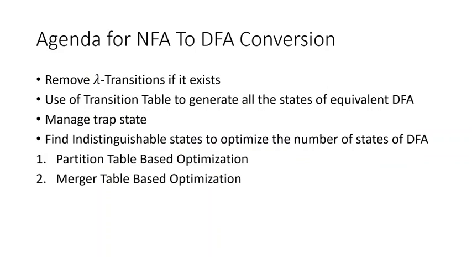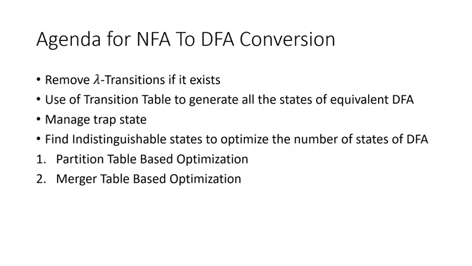So what is our agenda in the conversion of the NFA to DFA? First thing, if we find any lambda transition, we have to remove it. How you remove it has been discussed in the previous lecture. Next, we have to generate the transition table from the NFA and then do some work to get the transition table for the DFA.